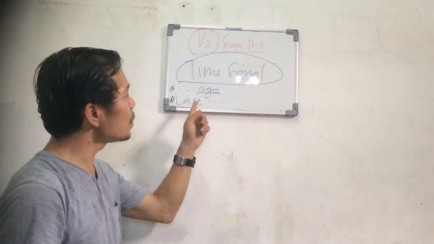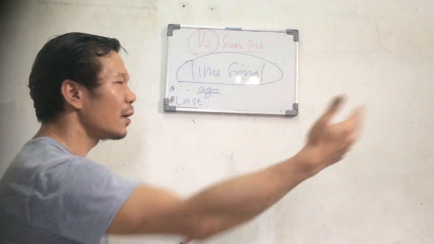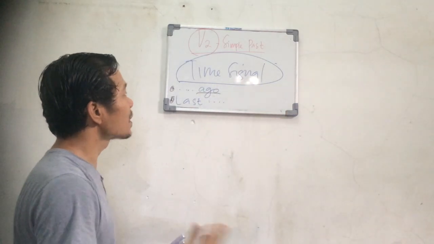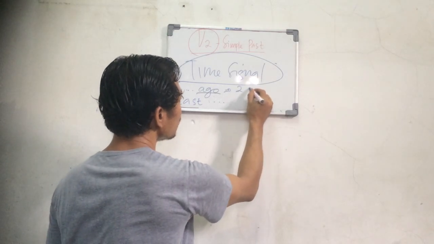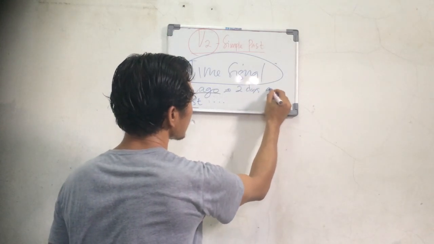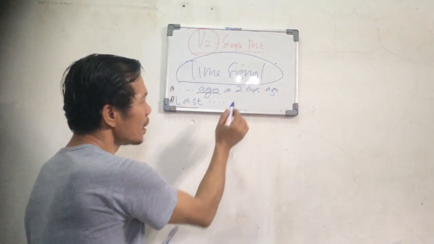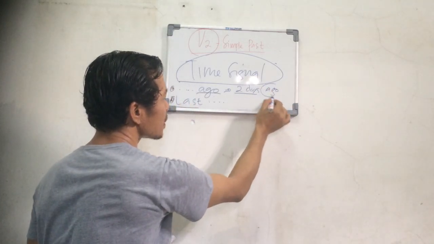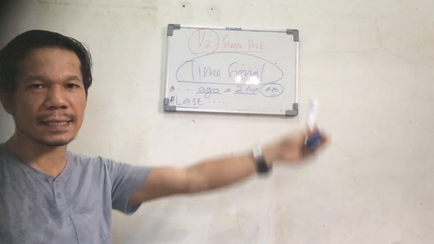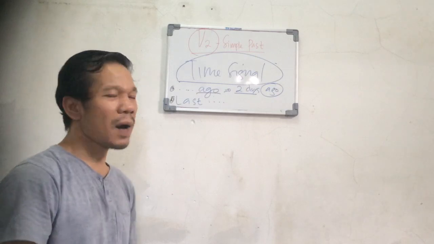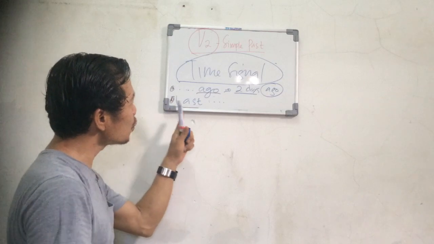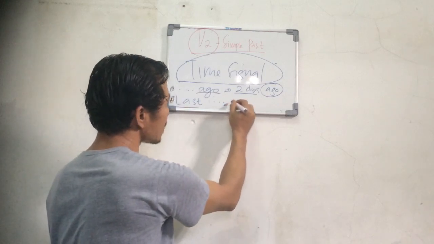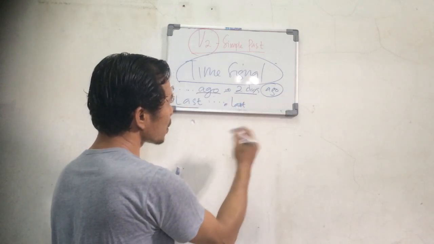If you use ago, it comes after the time. For example, 2 days ago. This is the specific time, 2 days ago. In bahasa Indonesia, 2 hari yang lalu, alright? If you use last, it must be followed by the time.